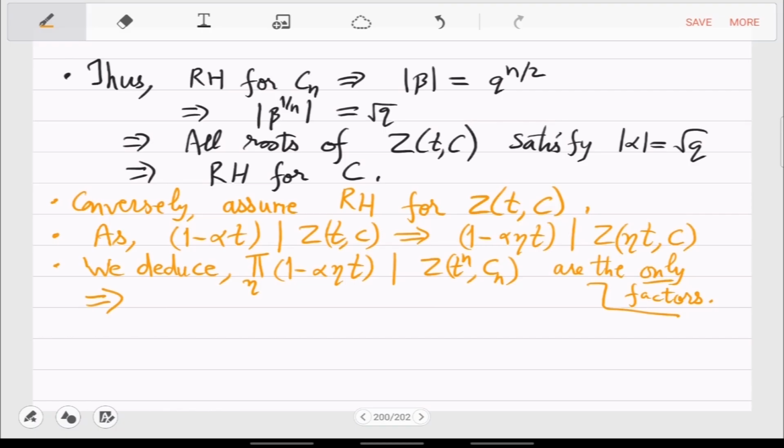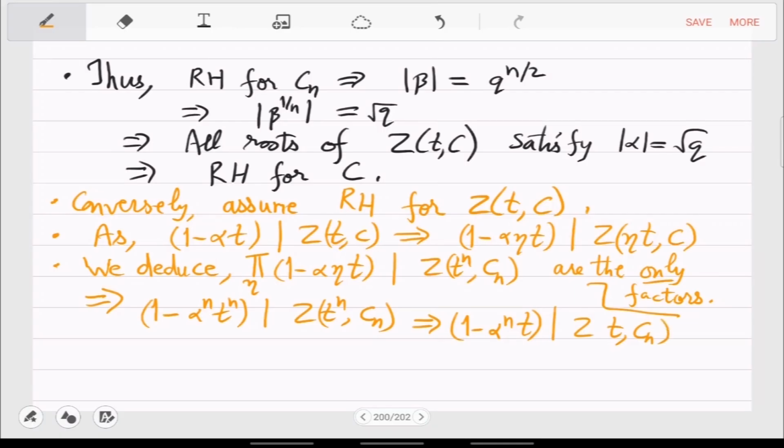So alpha^n t divides Z(t, C_n), which means that the inverse root norm is n-fold.